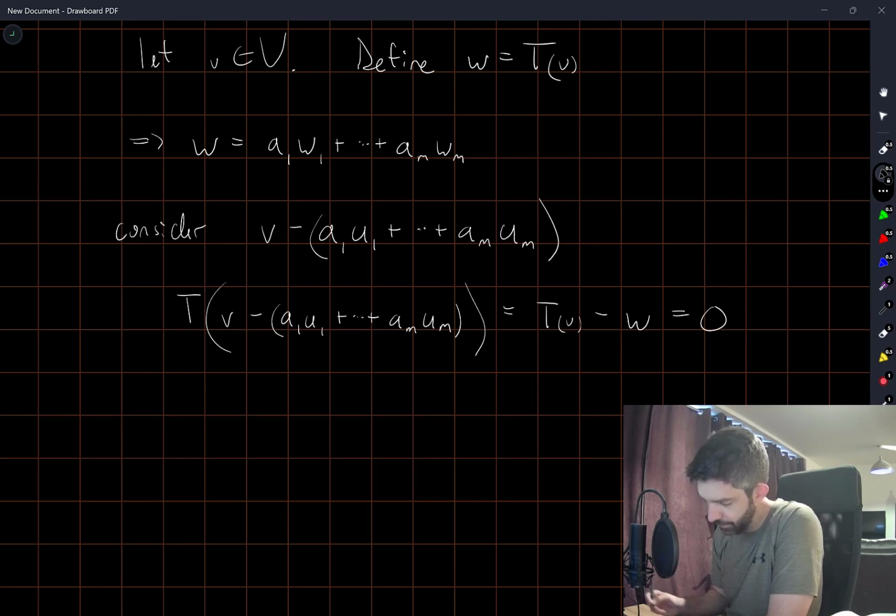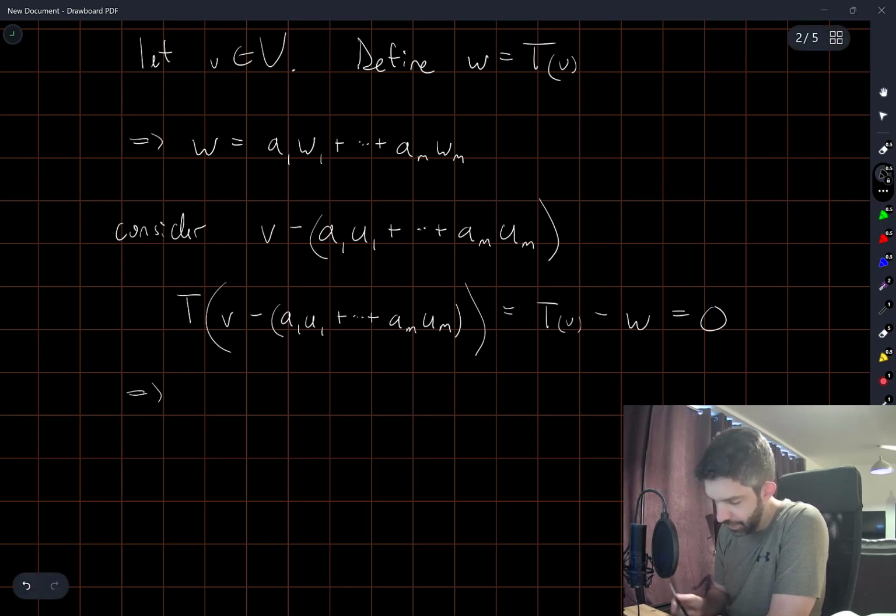Which is equal to 0. If I distribute T through here, T of this is equal to W, and W is equal to T of V, so that equals 0. So this says that this vector we're considering here is in the kernel of T.